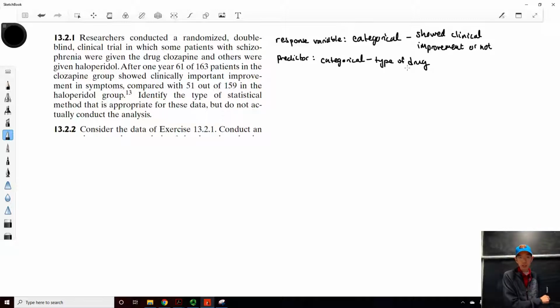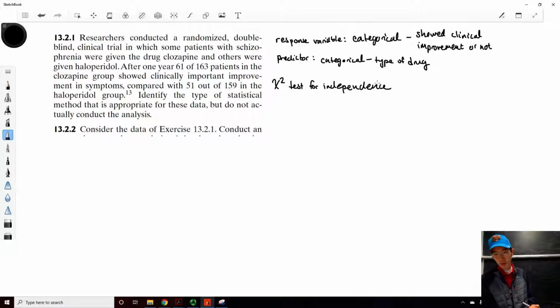All right, so we've got a response variable that's categorical, a predictor variable that's categorical. So what is the appropriate statistical method here? Chi-squared independence. Chi-squared test for independence. Okay, and we're looking for, is there a relationship between the two variables?